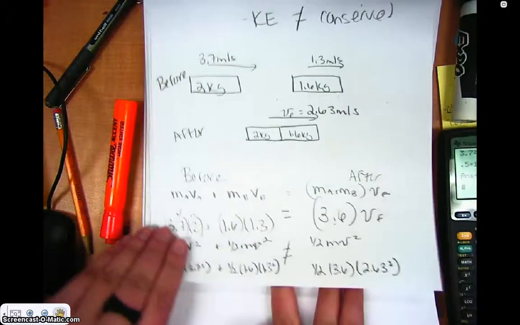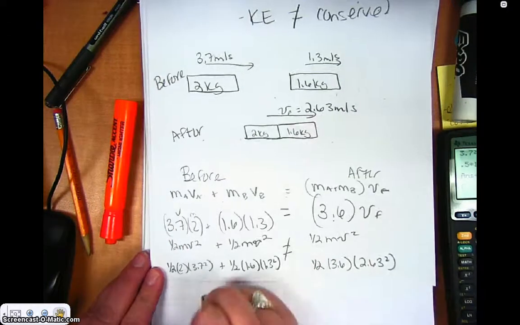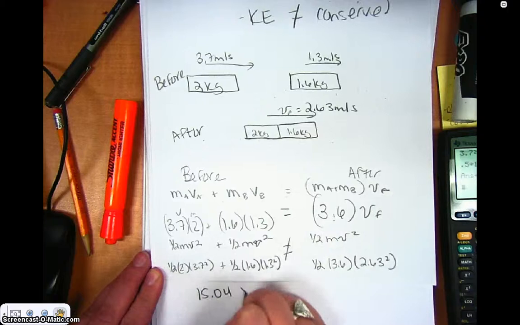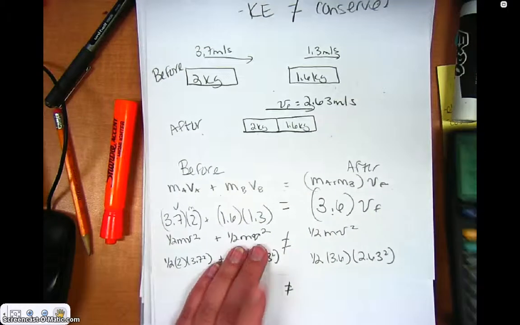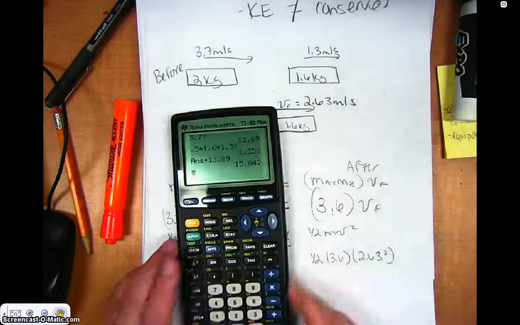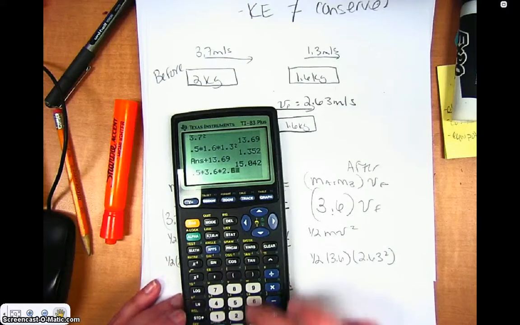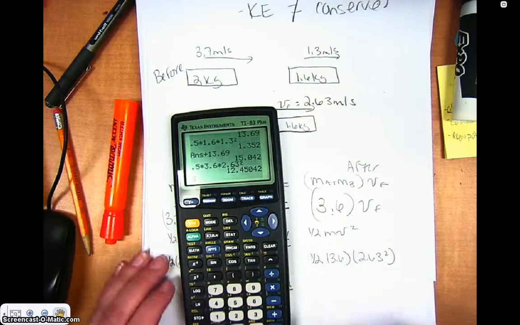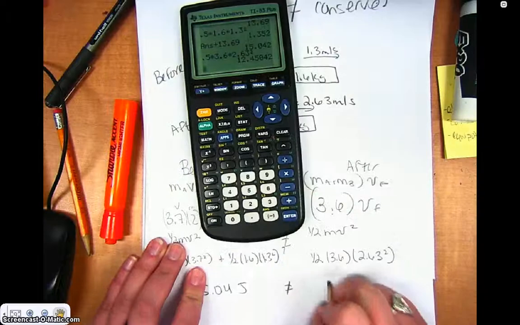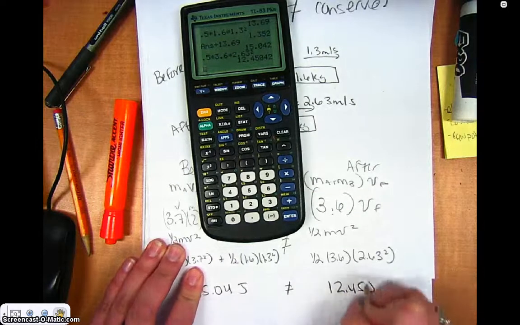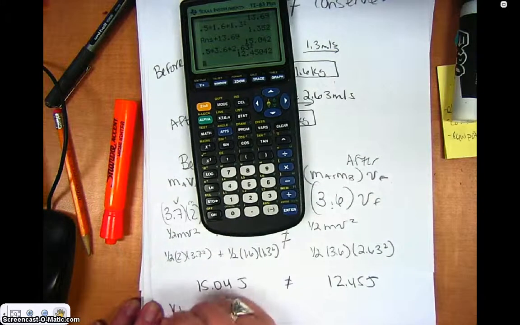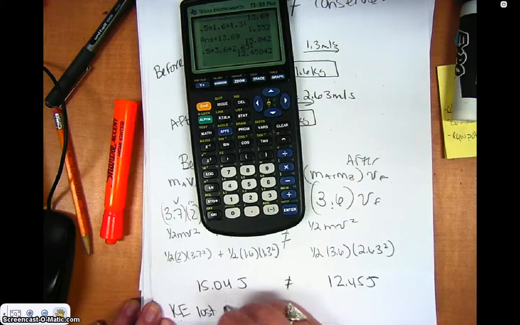I'm running out of room here, so let me write below. Here I get 15.04 joules, and I know that's not going to be equal to what I have at the end. At the end, I've got 0.5 times 3.6 times 2.63 squared, so there I only had 12.45 joules. So what is the kinetic energy that has been lost?